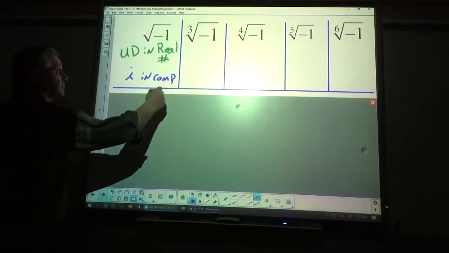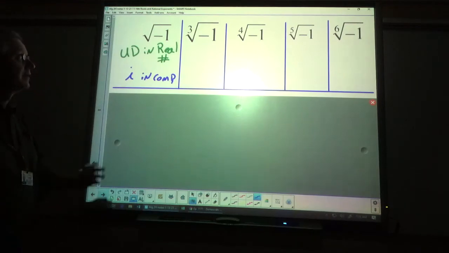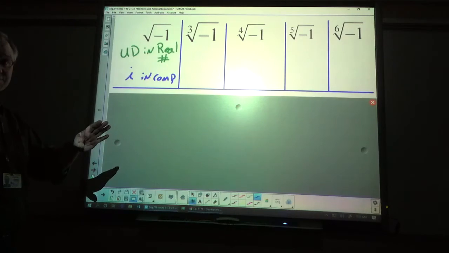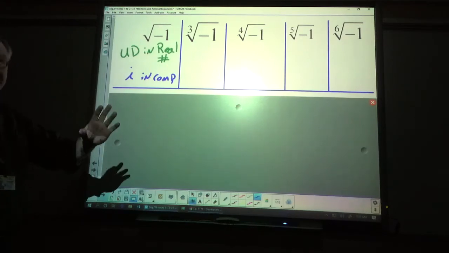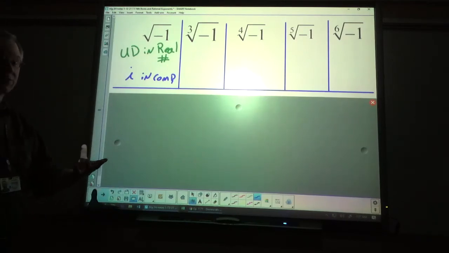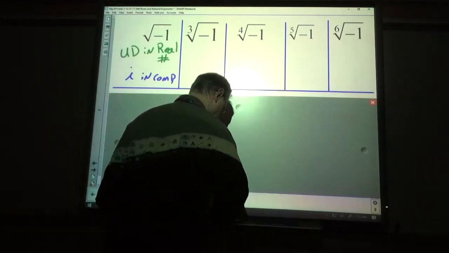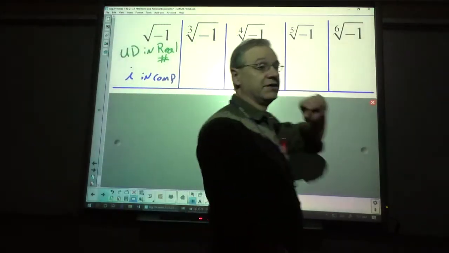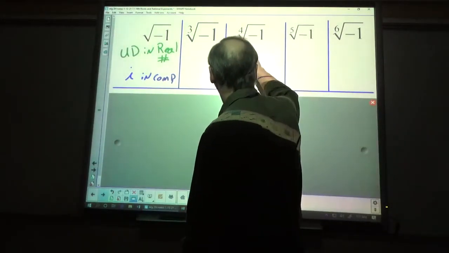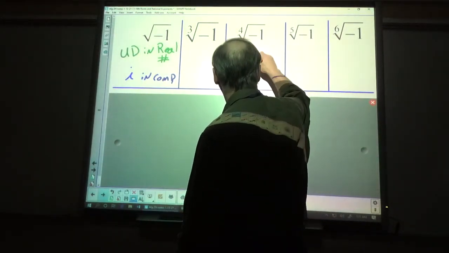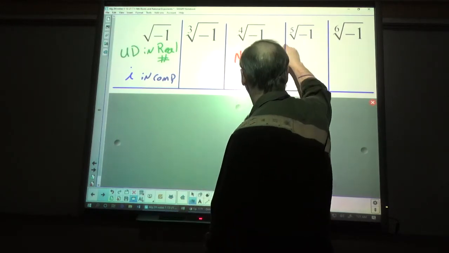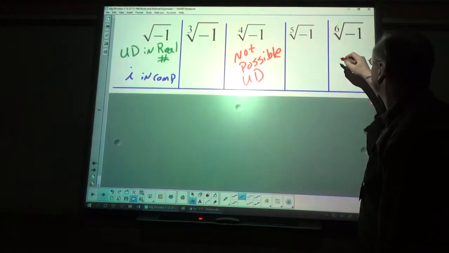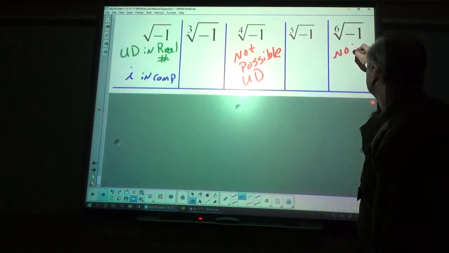In the complex number system, it's i. As far as I'm aware, they don't have a system for 4th root or 6th root of negative numbers. So 4th root, by the way, is not possible, or undefined, however you want to word it. Same with 6th root.